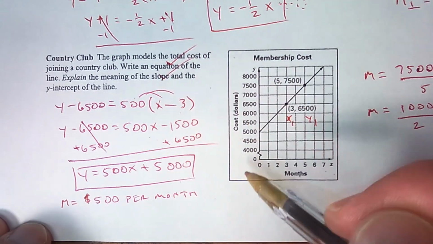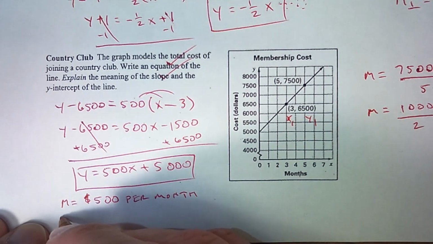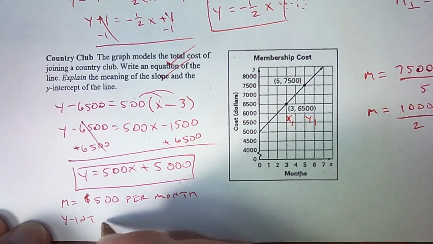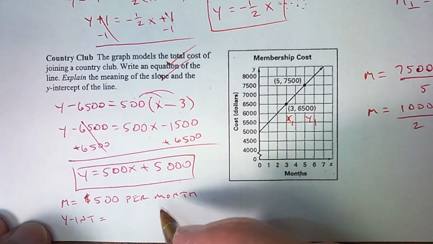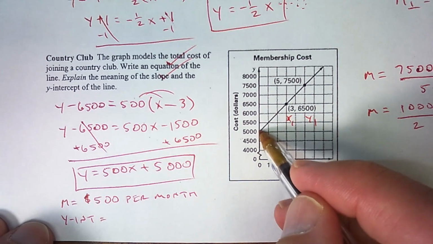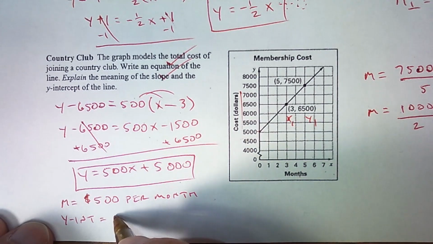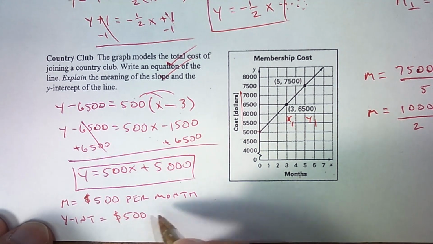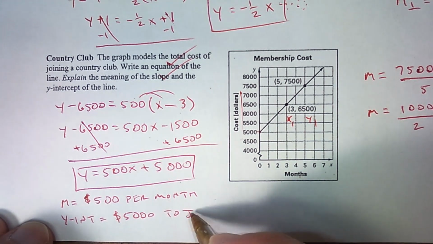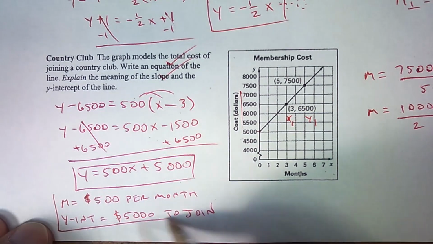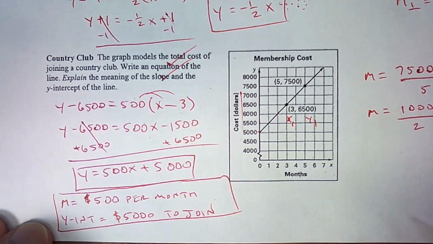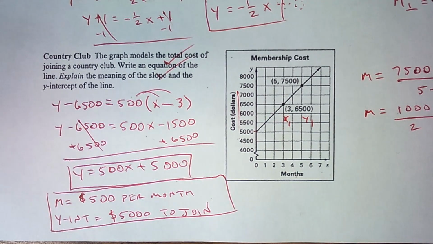We've explained the meaning of the slope. Now the y-intercept. The y-intercept is 5,000. Okay, and that 5,000 is dollars. So it's $5,000 to join. So that just gets you started. $5,000 to start your membership at this particular country club.